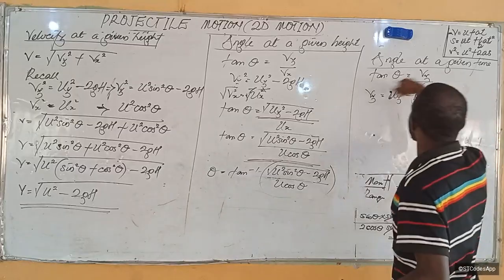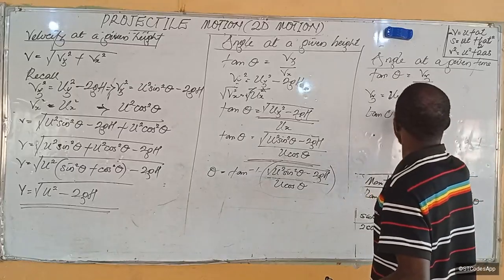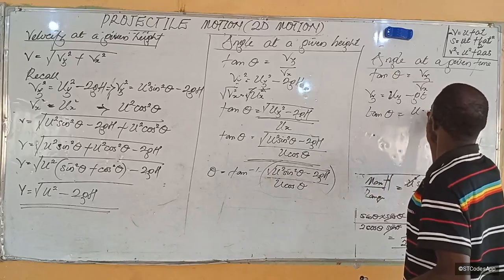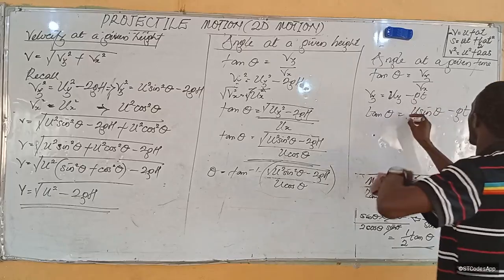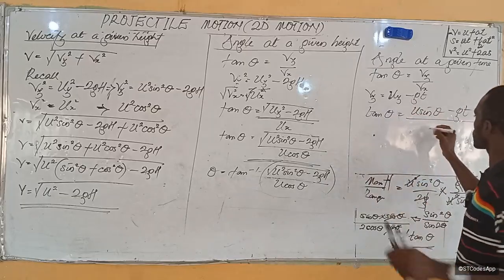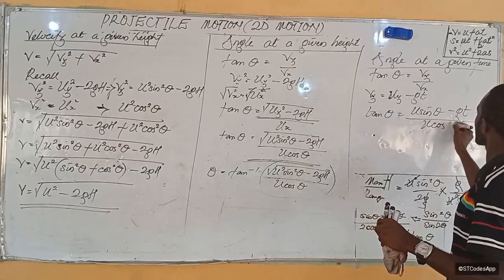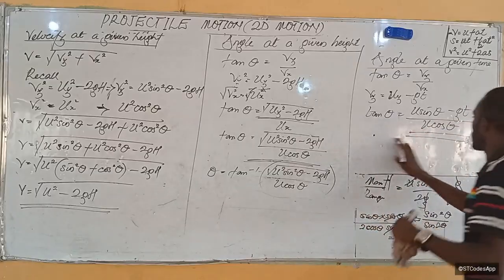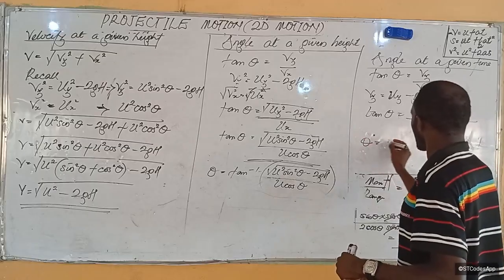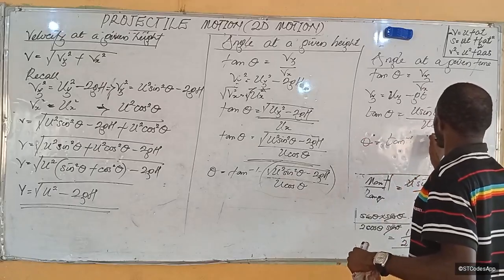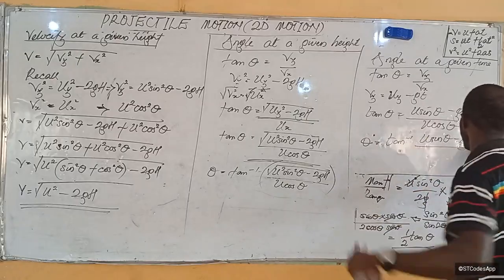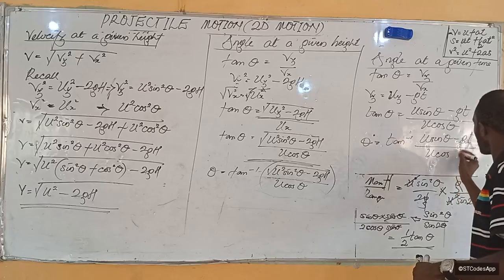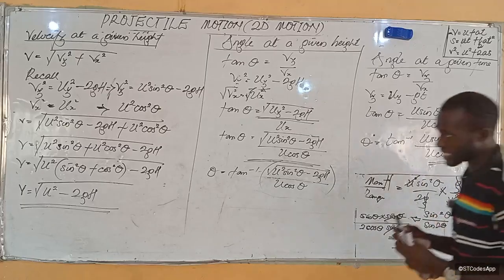If that be the case, then tan theta becomes v sub y, which will be u sine theta minus gt, over v sub x, which does not change, it's still u sub x, u cos theta. So theta therefore will be the tan inverse of (u sine theta minus gt) over u cos theta. Is this clear?